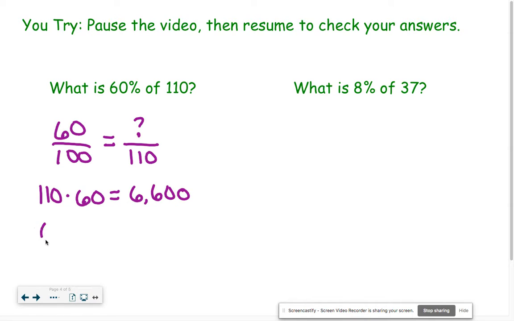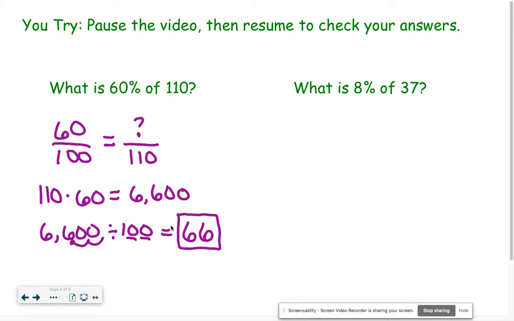But then we got to take that amount and divide it by 100. When we divide it by 100, we're really just moving in the decimal two spots, which gives us an answer of just 66. Because those were zeros after the decimal, they are not needed, so our answer is just 66.